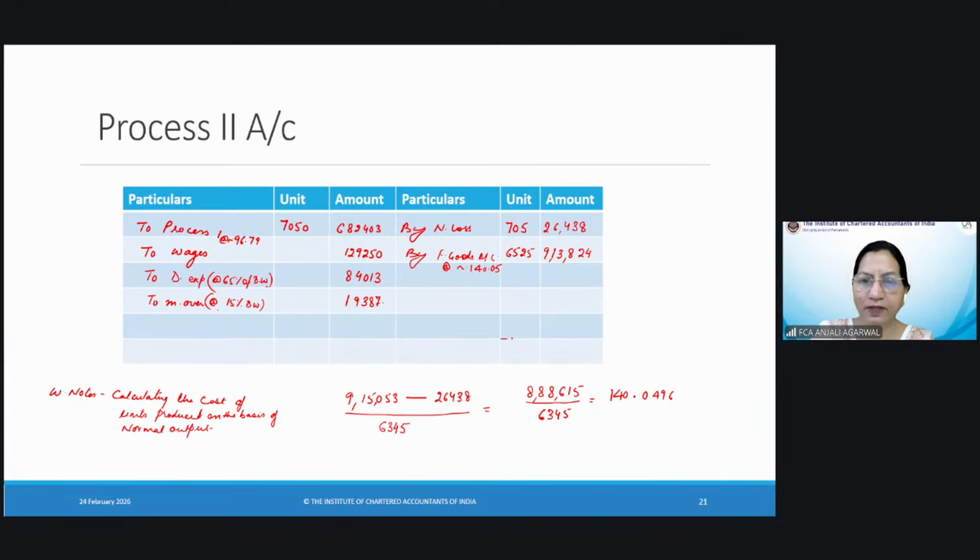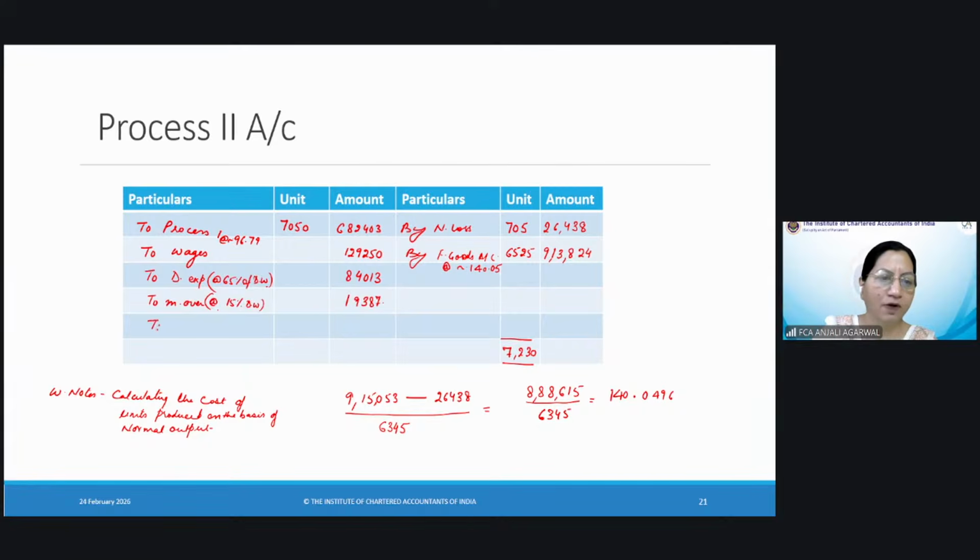Similarly, if you look at the totals of the units here, it does not come out to be 7050. So this comes out to be 705 plus 6525. So the total units are 7230, whereas introduced was 7050.